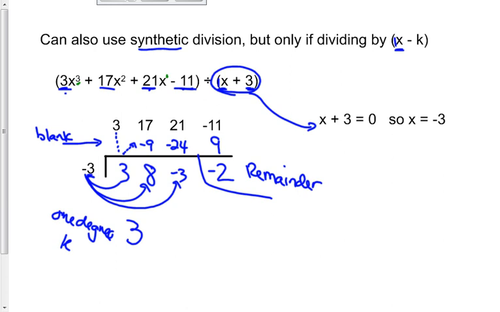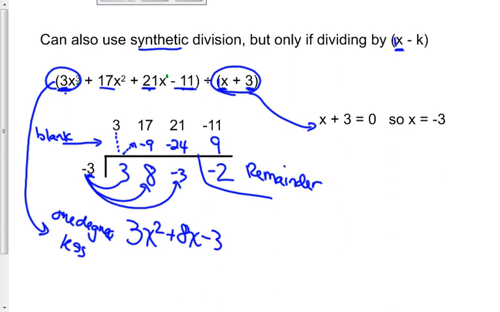I started with x to the third. That means my answer is 1 degree less than x to the third, which is x to the second. And now I work my way down the line with each of the numbers. My next number is positive 8, and my next degree is x to the first. My next number is negative 3. I will not have an x term here. X to the second, x to the first, no x term.